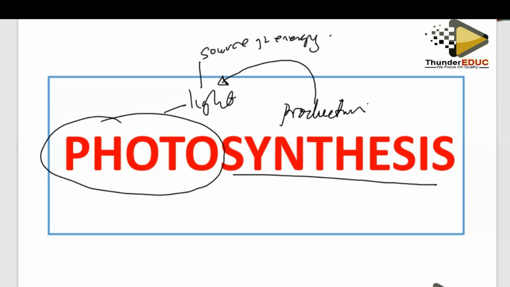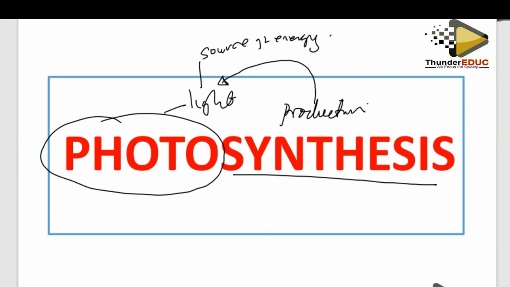So for photosynthesis, light must be present, and at the end of the process, manufacture or production must take place. Hence, photo, light, synthesis, manufacture, meaning that the light is used to produce whatever it is being produced.